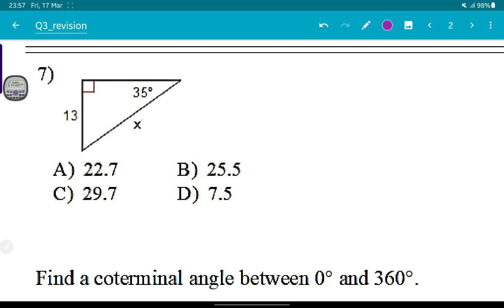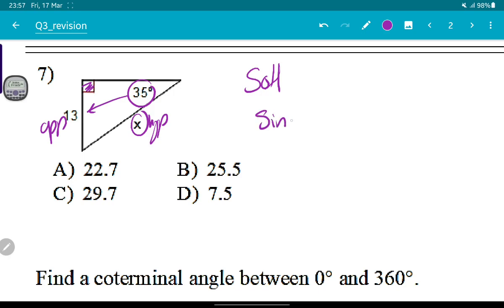Okay, here we have a missing side and it's a right angle, so use SOHCAHTOA. In this case, for this angle we have the opposite and we are missing the hypotenuse, so opposite and hypotenuse, we use sine. You should write this on your paper.